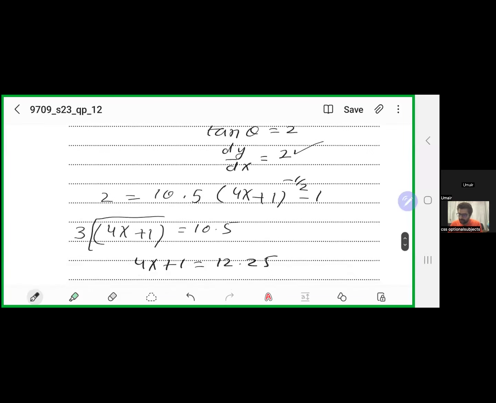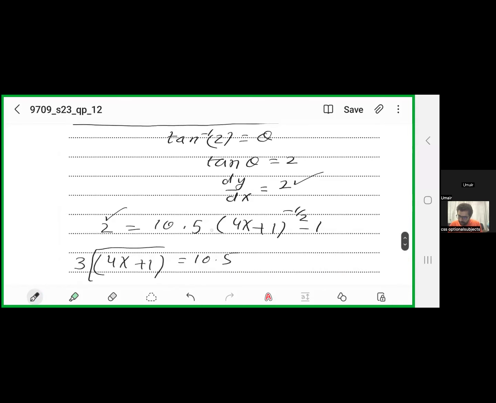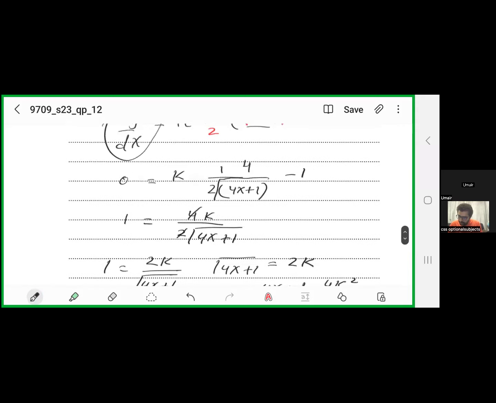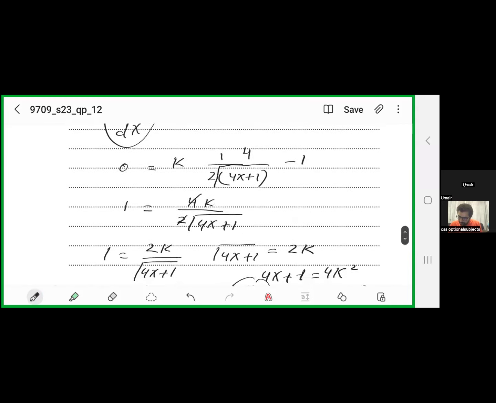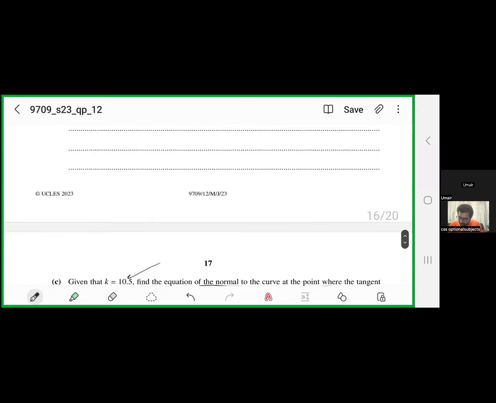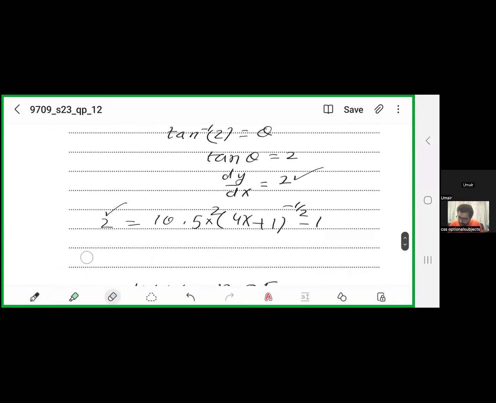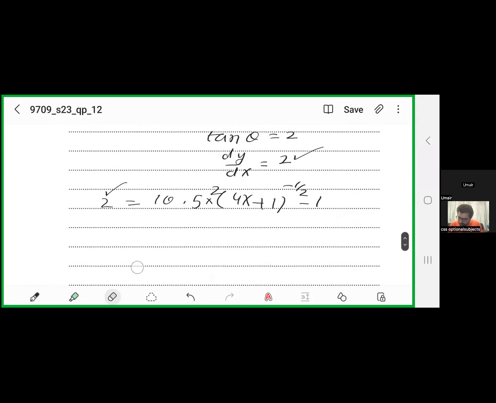So we will be using the equation for the gradient, and we are going to equate it equal to 2. Here you have to multiply it by 2, because if you see the equation, here you have got 2. When you use this equation for dy by dx, this was 4, this was 2, so 4 divided by 2 was 2. We need to multiply it over here. So we will further simplify this equation. This is the equation for k.